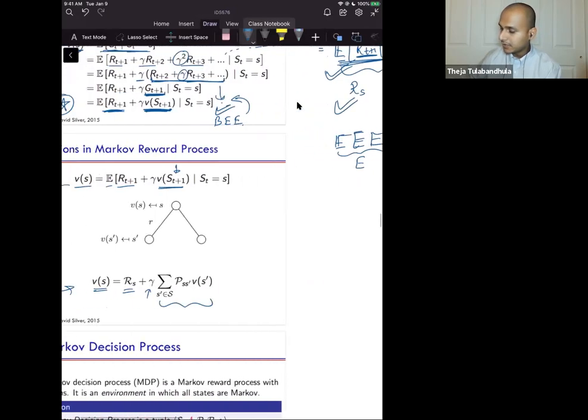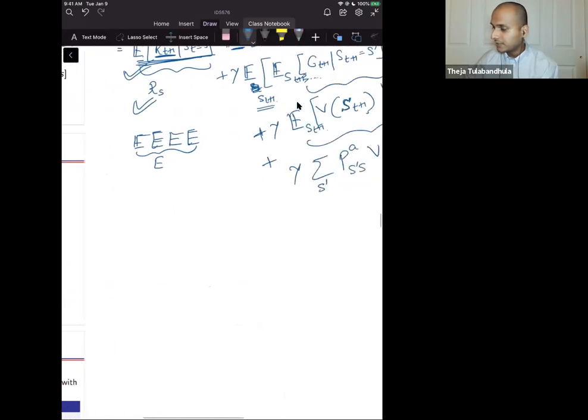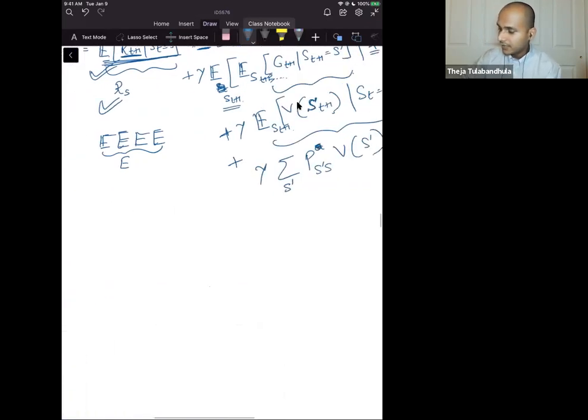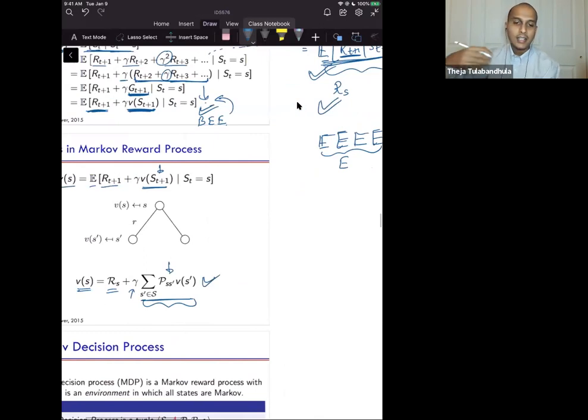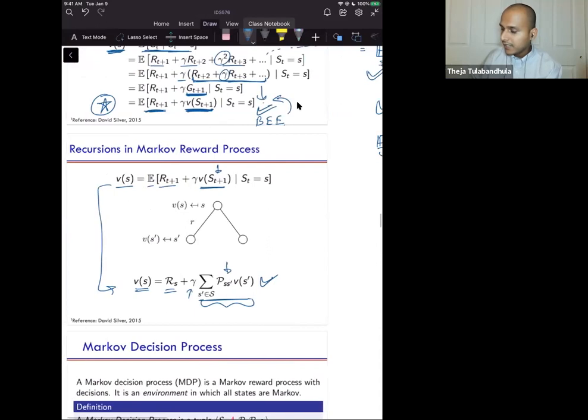There's no action actually, sorry, in this Markov reward process. So it's just the average of all the states that you can get to and the values at those states. All I'm saying is that the value of the current state is the immediate reward plus, over all the states you can get to from s, the values of those states weighted by the probability with which we'll get to those states. There are 3 different s primes and 3 terms here. So that's a key recursive relation.